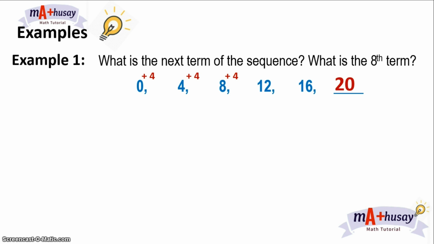Now, we have already 6 terms in the sequence. So, we want to find the 8th term. So, the 7th term is 24, and the 8th term of the sequence is 28.